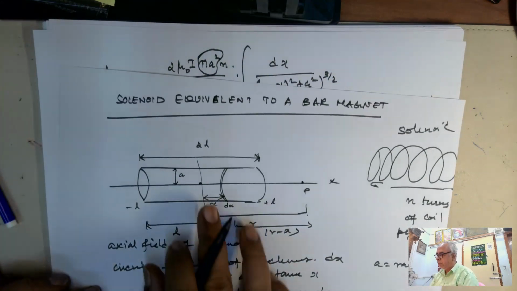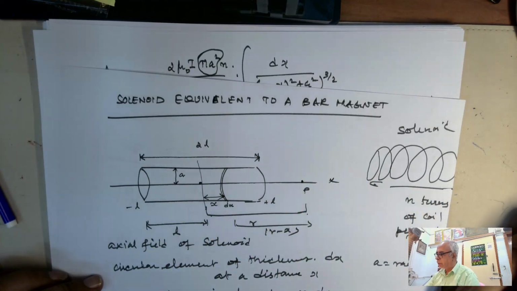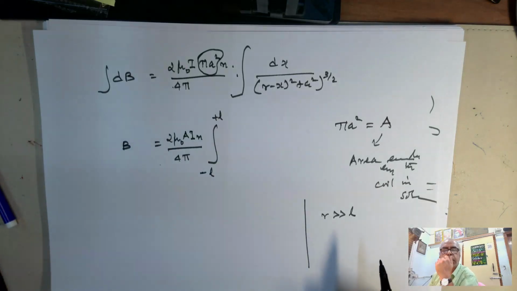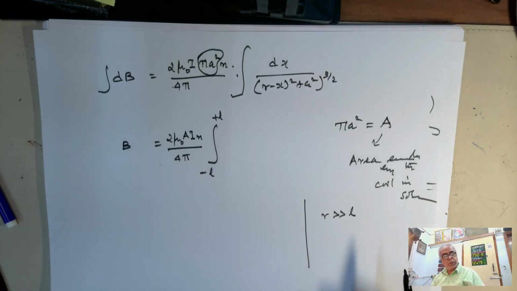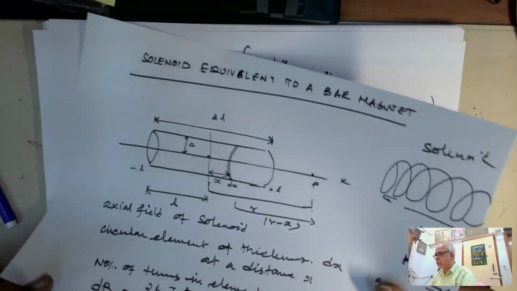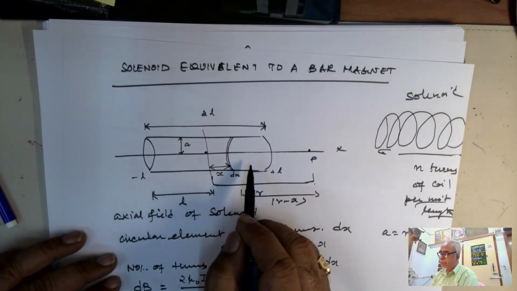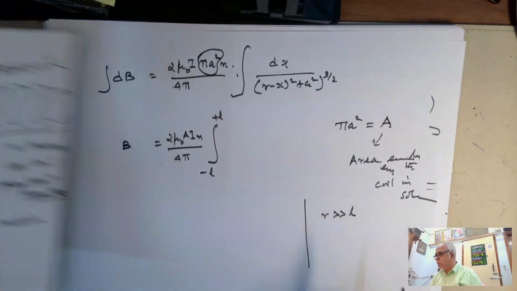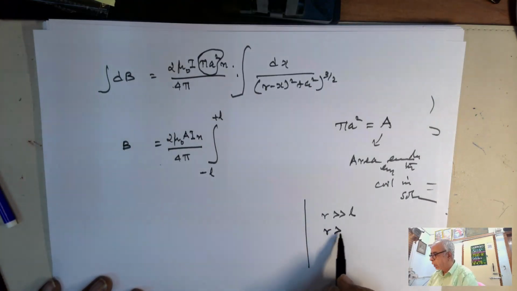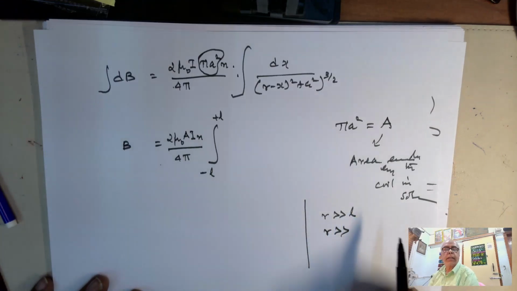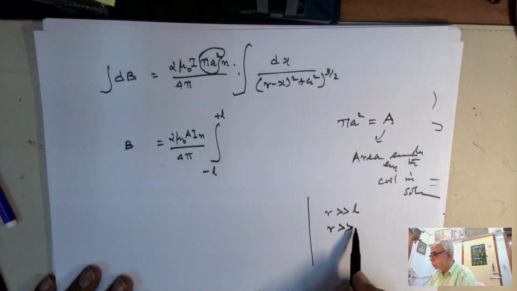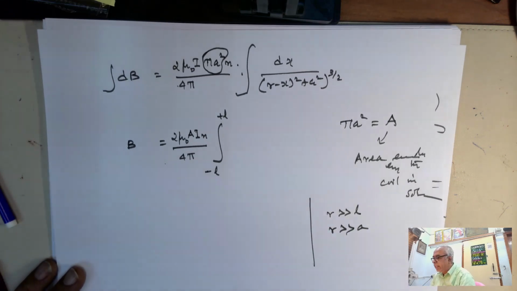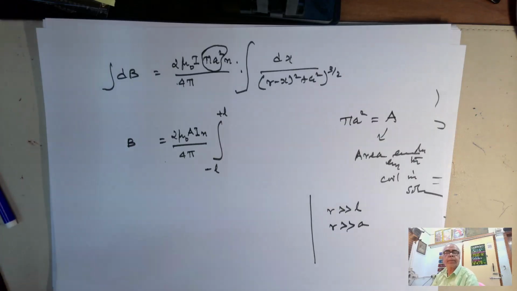When we consider R, the point P is at a larger distance, so we take such a case: R is much greater than L. Second, the radius A of the circular coil in the solenoid is also small compared to R. So there are two cases: R is much greater than L, and R is also much greater than A. In that case, you can neglect L and A.